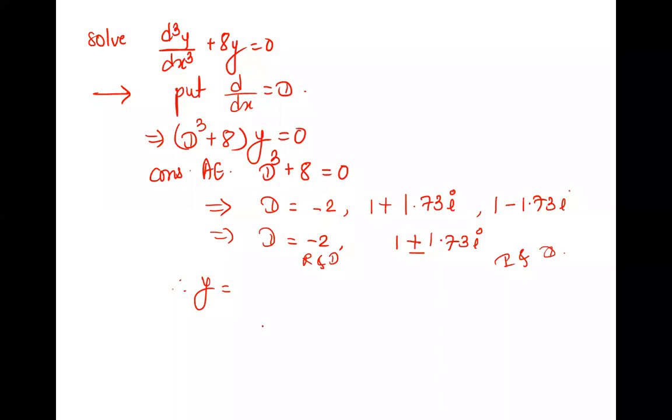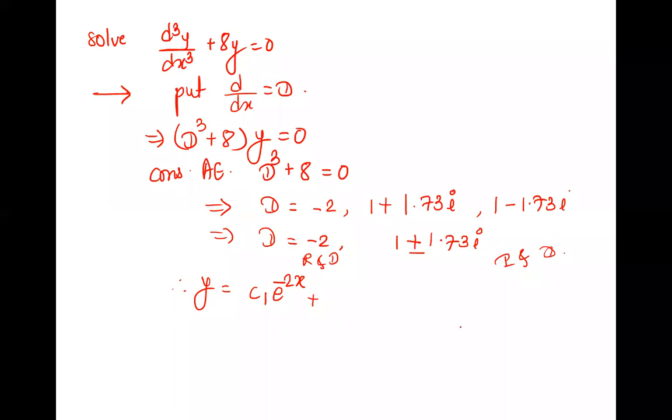Chalo, tell me solution. For this first, e raised to minus 2x, C1 e raised to minus 2x. Correct. This is done. Now for this, it is of the form alpha plus minus i beta. So how do you write the solution?